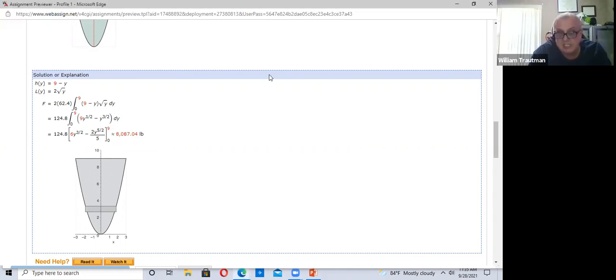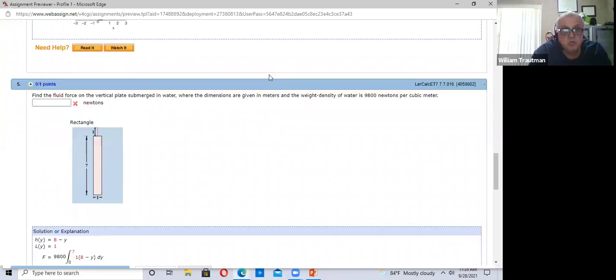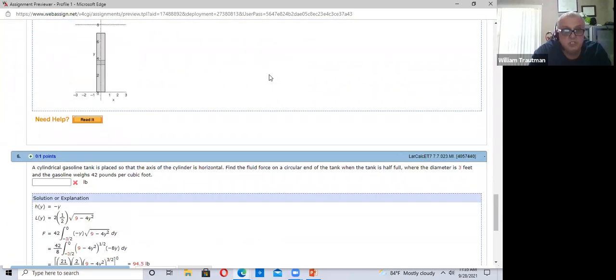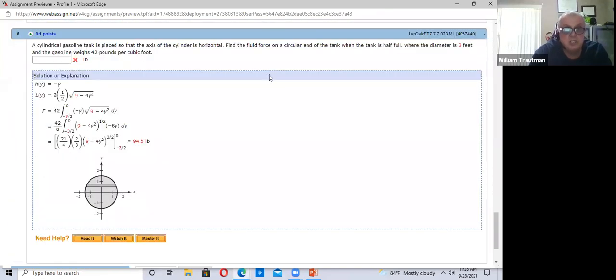Now, number 6 is more like the one that we did in the PowerPoint, except it's a circle. And they have it all nice and pretty here. The center of the circle is at the origin. So that is really nice.